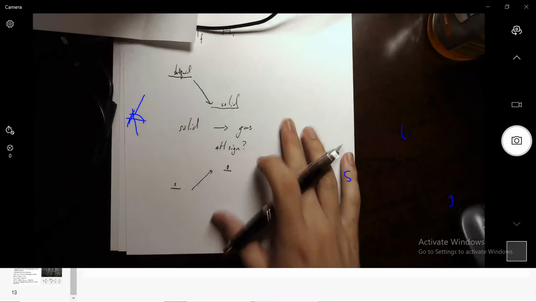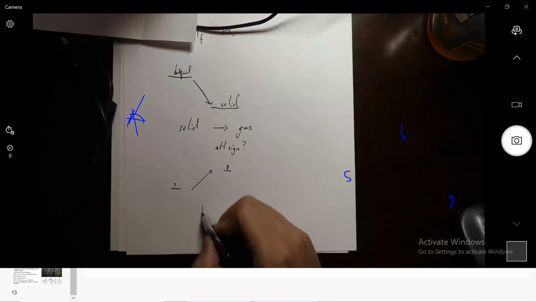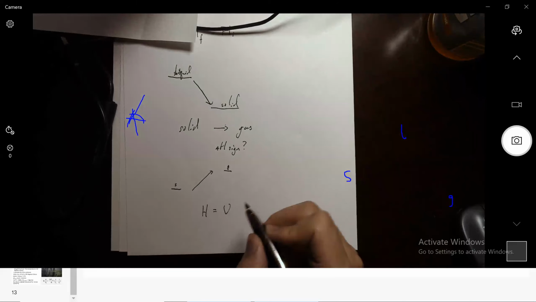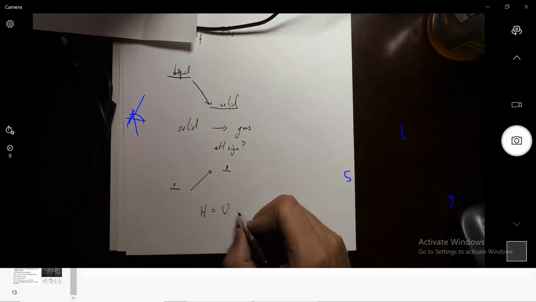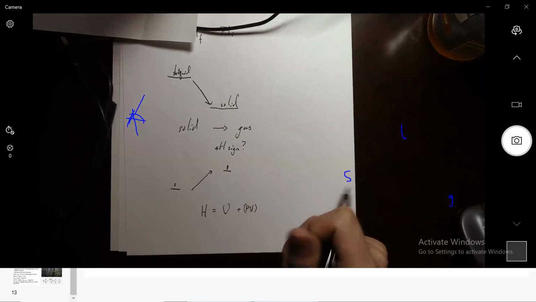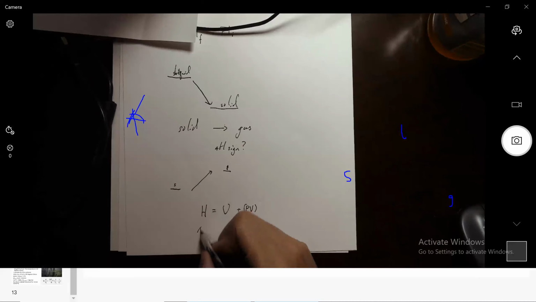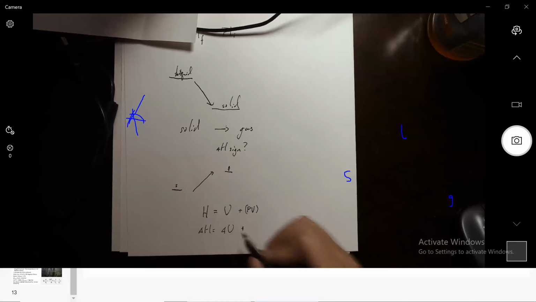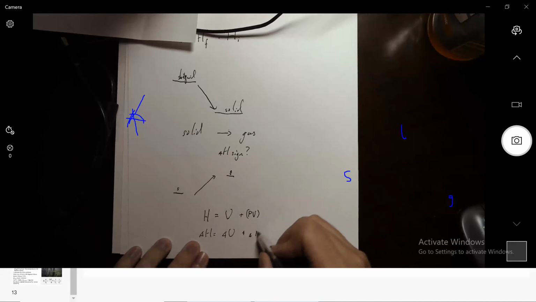And by the way, if you're wondering, the explicit definition of enthalpy is enthalpy equals the internal energy plus PV, pressure times volume. So delta H equals the change in internal energy plus the change in pressure times volume.